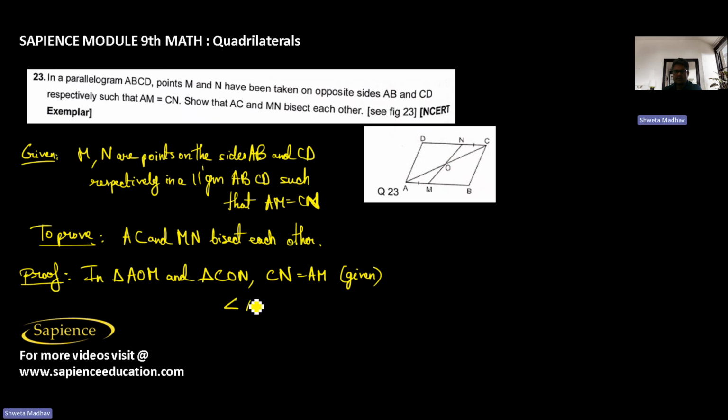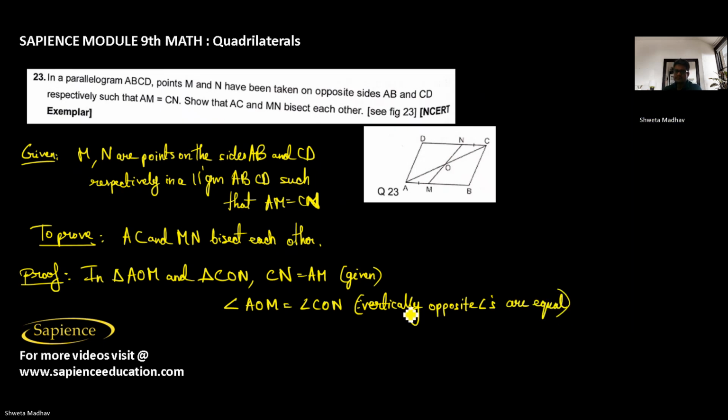Angle AOM equals angle CON, since vertically opposite angles are equal.